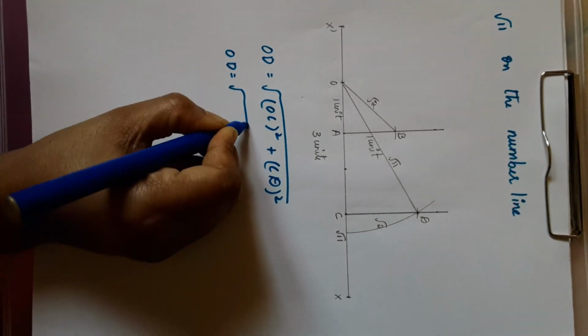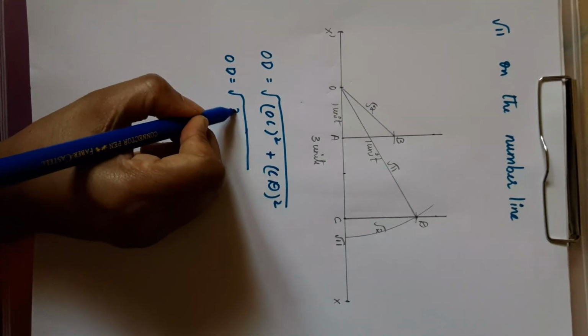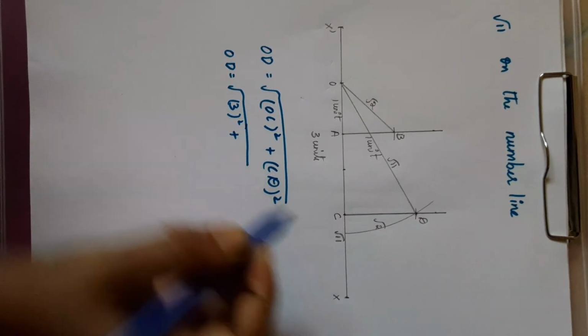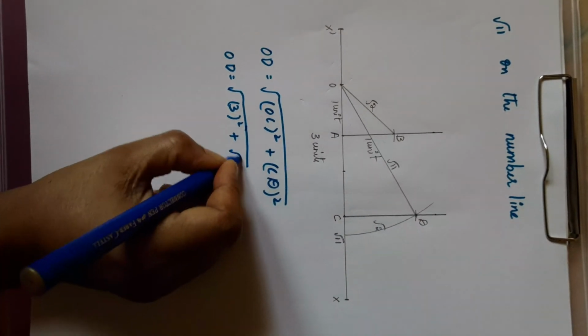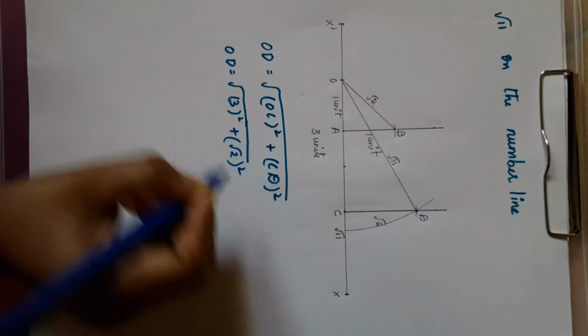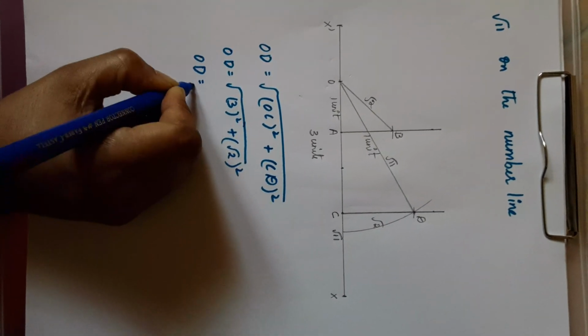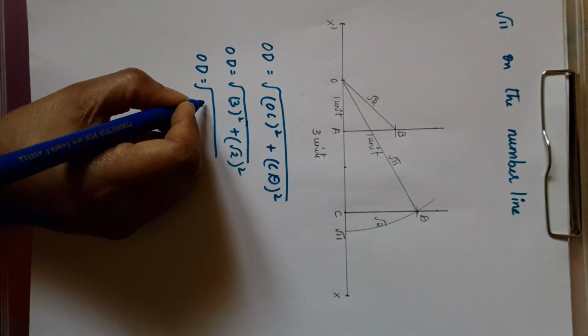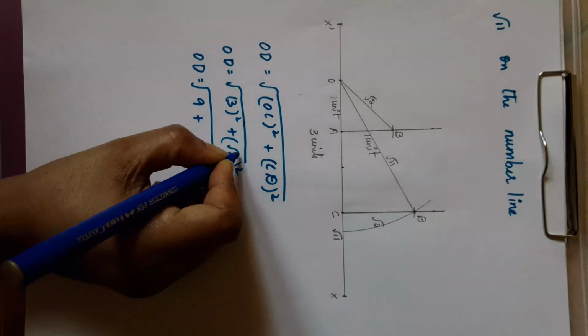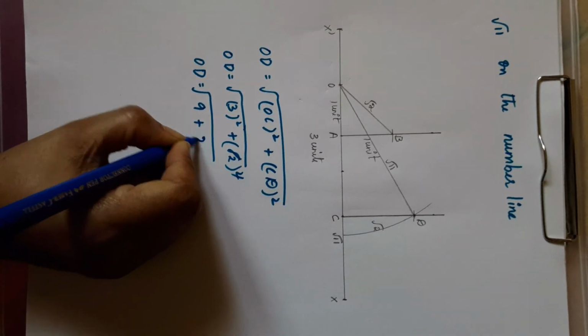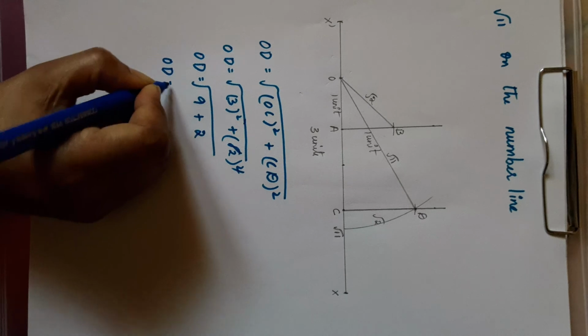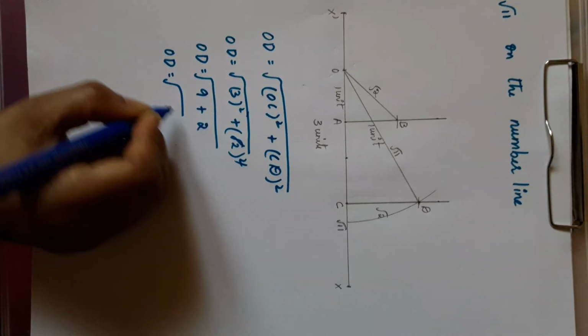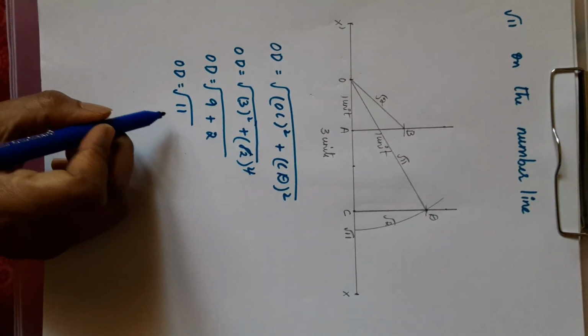OD is equal to the square root of 3 whole square plus CD is root 2, root 2 whole square. 3 whole square is 9 plus, square root and square get cancelled, 2. OD is equal to 9 plus 2 is 11. OD is equal to root 11.